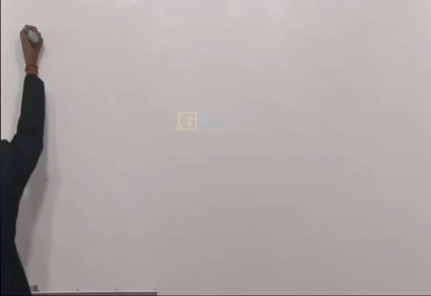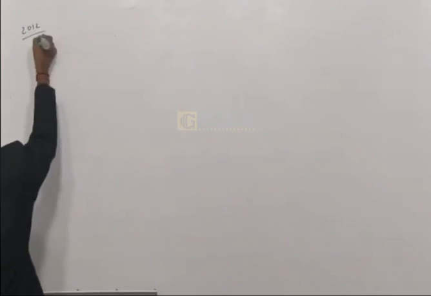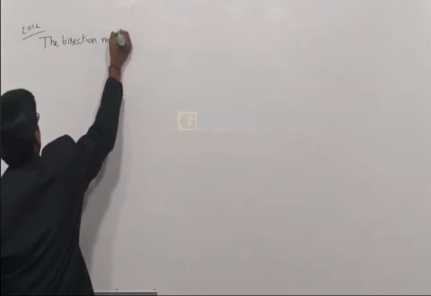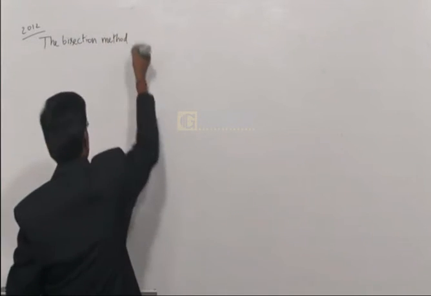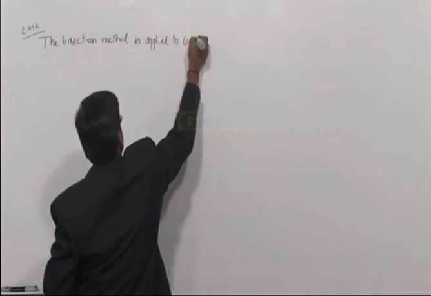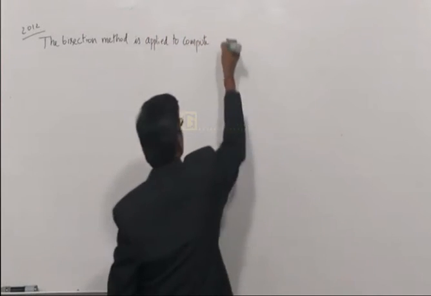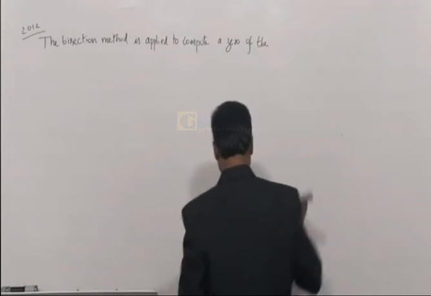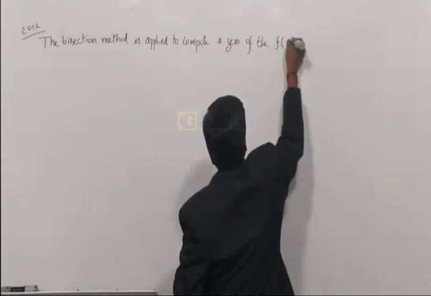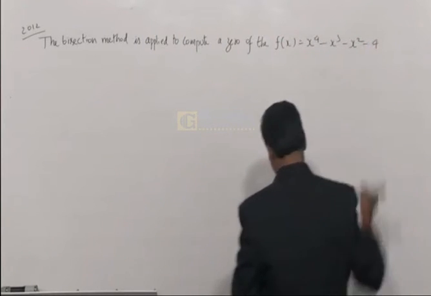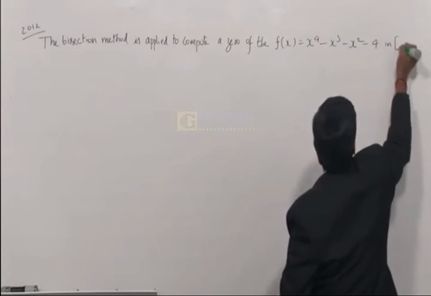So the first problem is given in 2012, 2 marks. The bisection method is applied to compute a zero of the function f(x) equal to x power 4 minus x cube minus x square minus 4 in the closed interval 1, 9.